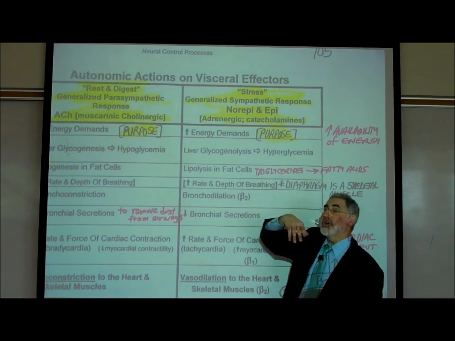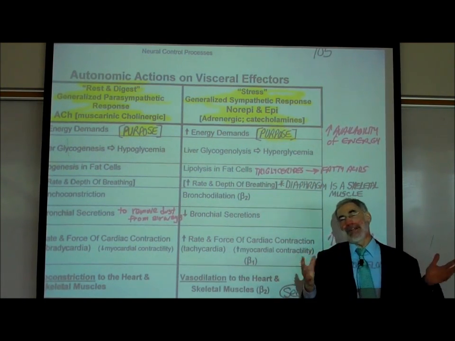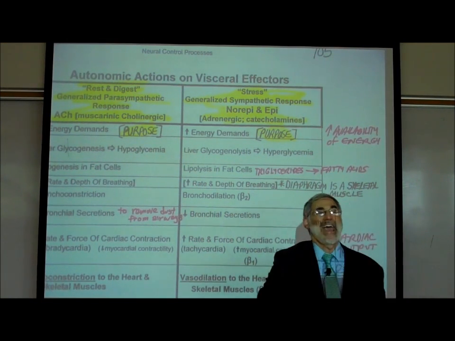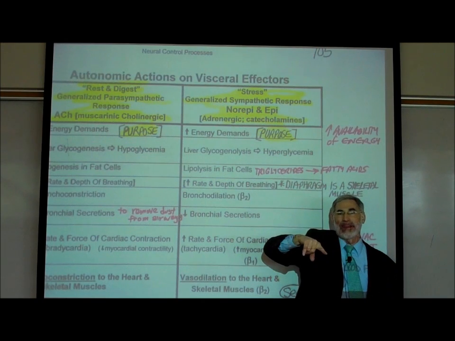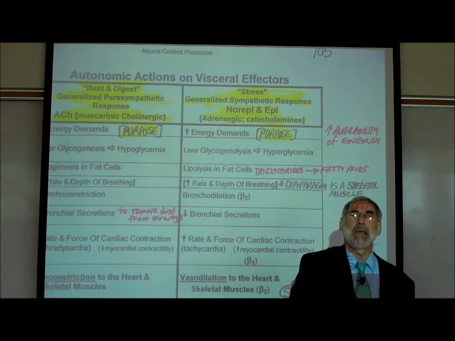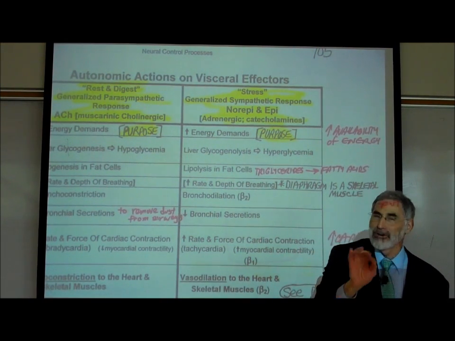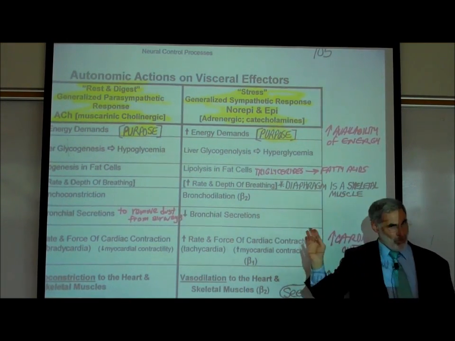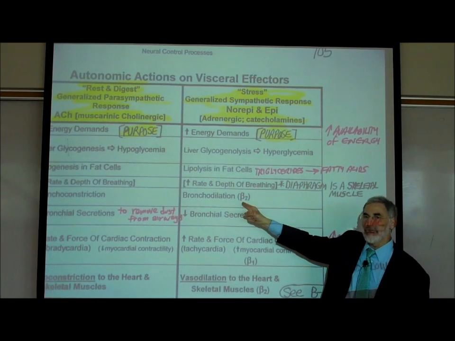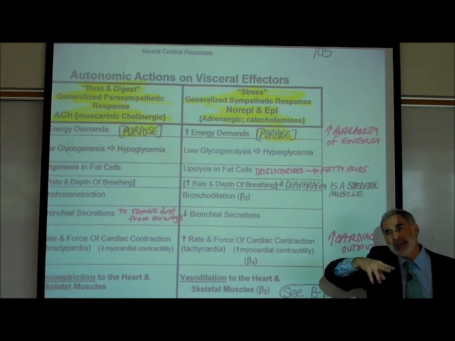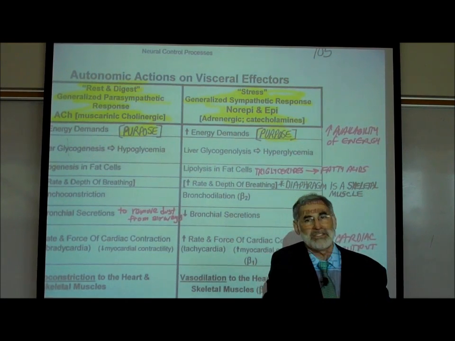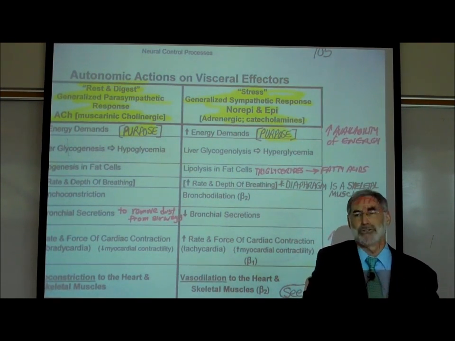Now, if you look in your book, you will see that I have a big chart, and it lists every internal organ, and it tells you which type of adrenergic receptor is on each organ. I have not done that for every organ here. I did do it for airways. The type of adrenergic receptor site on airways is called beta-2 adrenergic receptor.